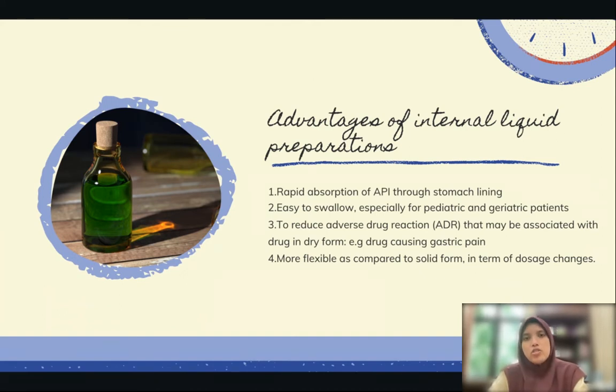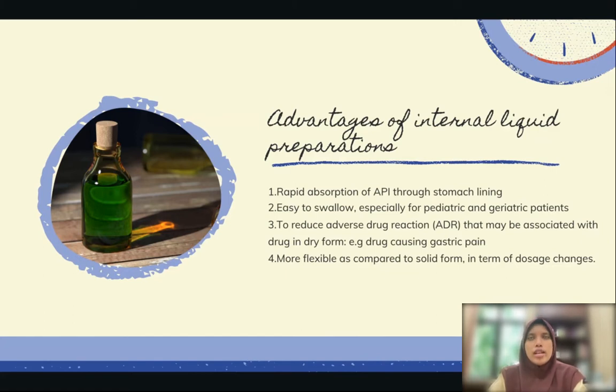Why? Because the drug is already in solubilized form, and we don't need any more time to wait for the solubilization of the drug. If we take tablet as an example, tablets will need time to be solubilized. Okay, so if we ingested one paracetamol tablet, solubilization might need about 30 minutes to 45 minutes after ingestion.